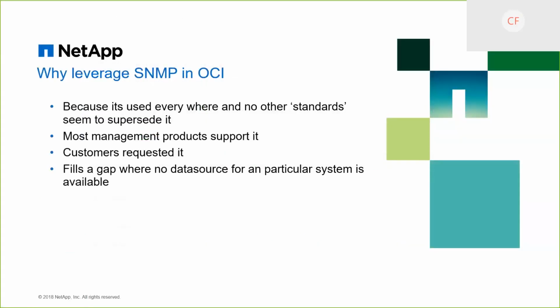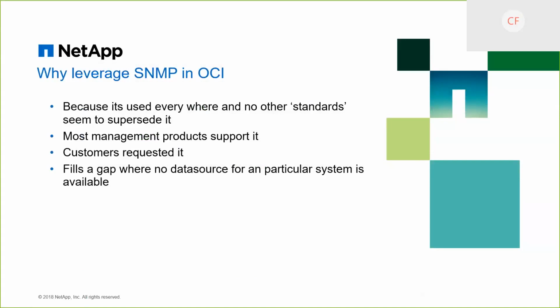Okay, so SNMP, it's been there. It's a grand old man of network management. But why do we want to leverage this in OCI? Well, because it's used everywhere, and there really isn't any other standard that seems to supersede it. And by that, I mean not every device, but almost even your simplest devices have some sort of SNMP stack built into them.